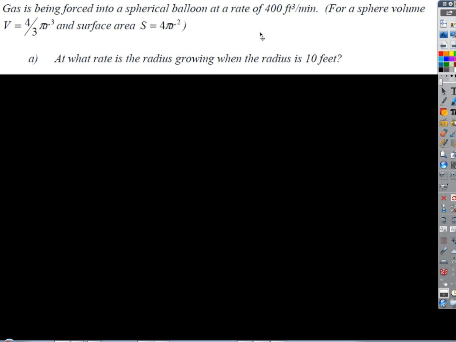But what do you suppose we're probably measuring it with respect to? What do we typically measure rates of change with respect to in the real world? We want to know how fast something is changing with time.